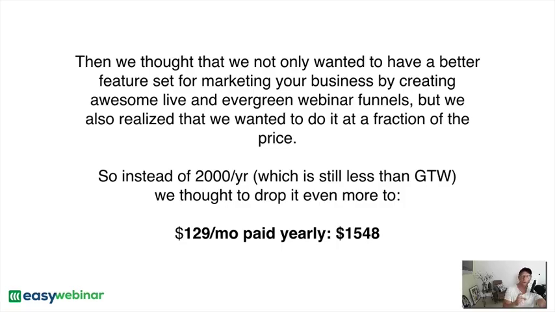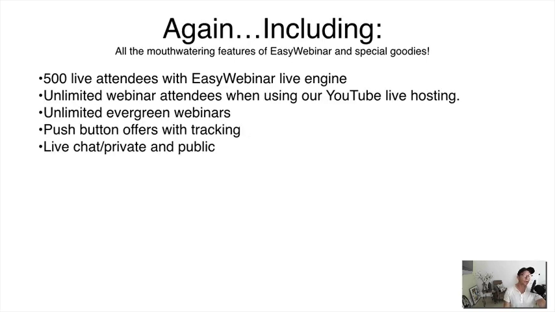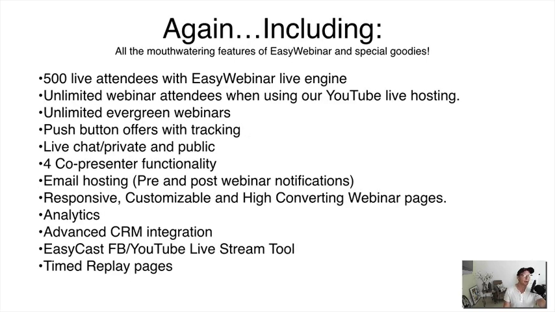Okay, so you pay $15.48. That's a lot less than GoToWebinar, right? And it's a sweet deal. It includes all the bells and whistles and all the good stuff that we just talked about. Everything you want in a tool and all the features and benefits of EasyWebinar is included in this package. Okay?